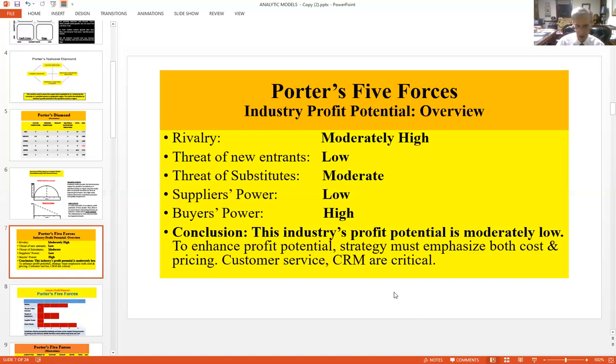Very often, the suppliers of industrial production goods, such as rivets and connectors and sheet metal, just a variety of commodities, very often the buyer has a lot of power in selecting where they want to buy those commodities.